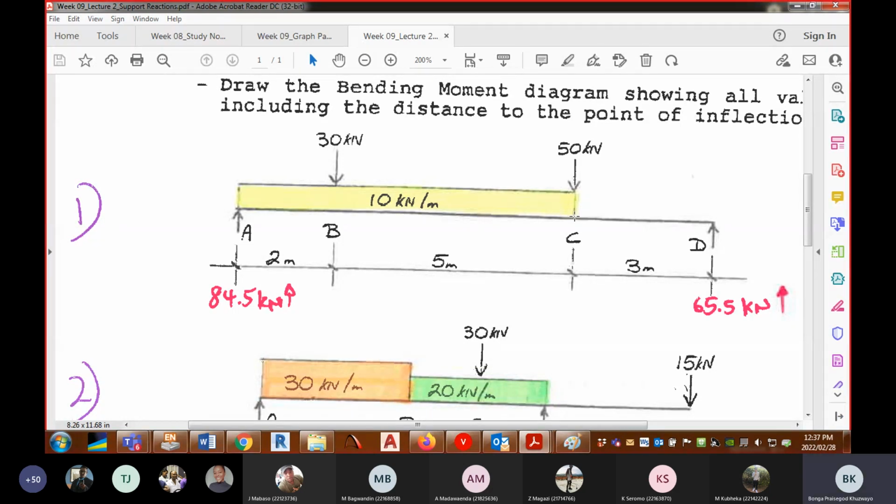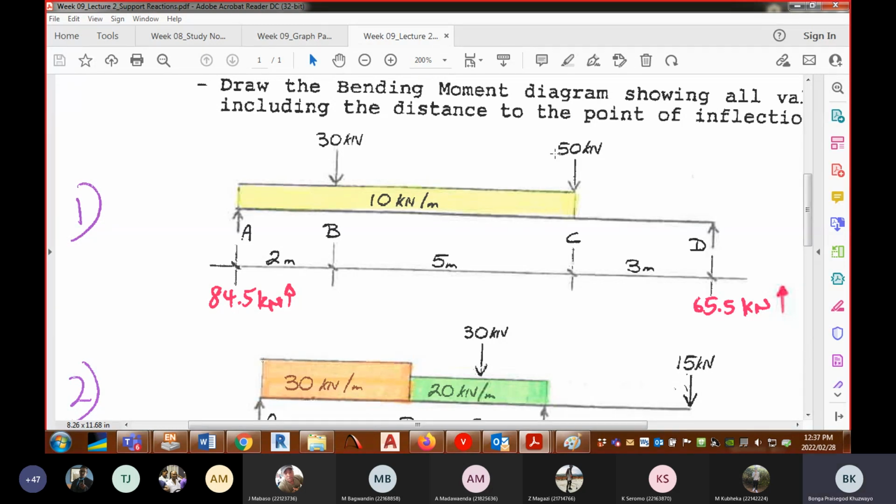At node C, I'm going to look at C left, just to the left of node C. You can also grab your calculator. Just to the left of node C, we've got plus 84.5, then minus the UDL, which goes over 7 meters, so minus 10 times 7, then minus the 30 there.